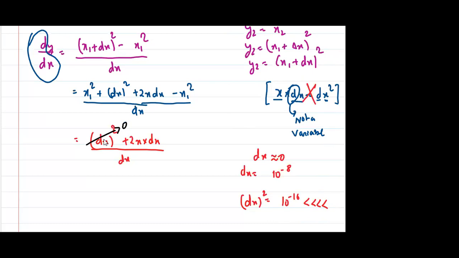Yes or no? Right? So what is the remaining expression? Can I do that? Yes, sir. What did I get? So it is dy by dx. I got it as 2x.